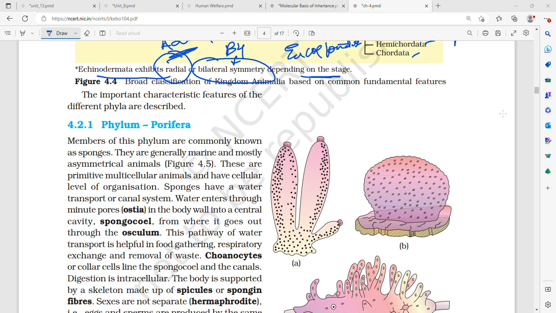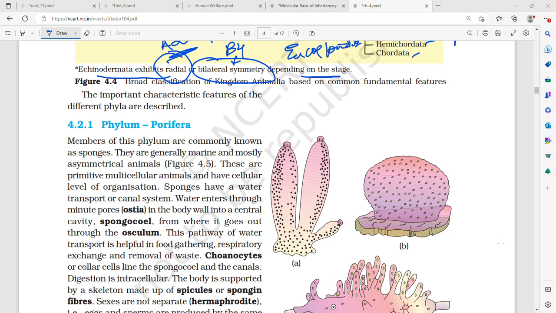That is, blood flows in arteries, veins and capillaries, whereas in Arthropoda, non-cephalopod Mollusca, that is those that do not contain shell. Then Echinodermata. In Echinodermata, actually there is a water vascular system, so again no circulatory system. Hemichordata, open circulatory system is present.